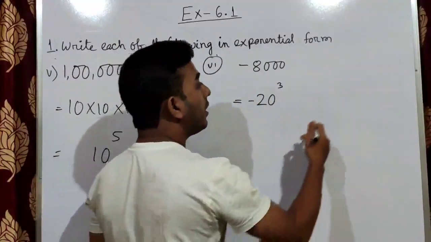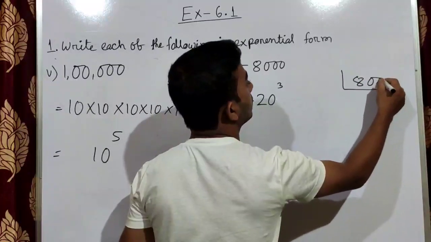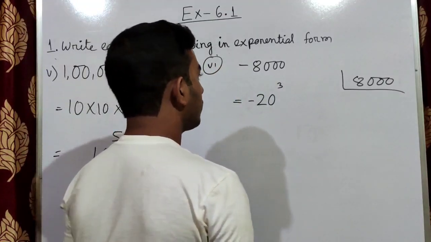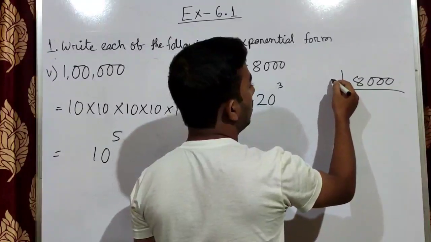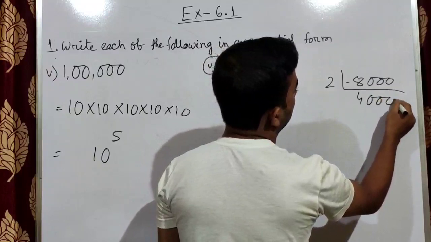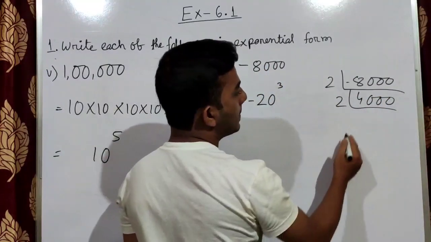How? By taking factors. That is factorization. Look, minus 8,000, right? So if we divide it by 2, 4, then 2 how many times?